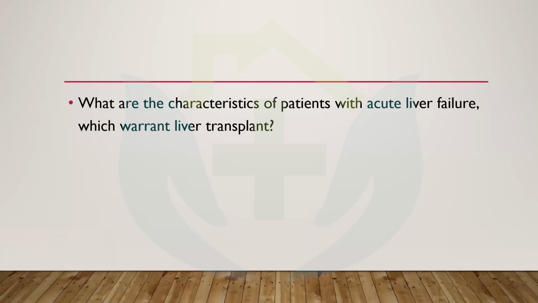No, what is the score for this liver transplant in acute liver failure? If INR above 6 and also bilirubin. What is this criteria called? The name, I forgot the name. Okay, no problem.